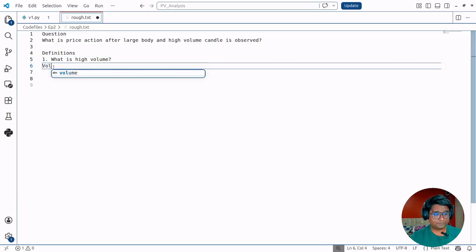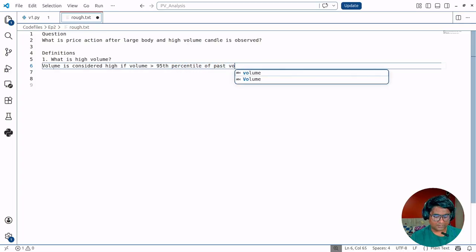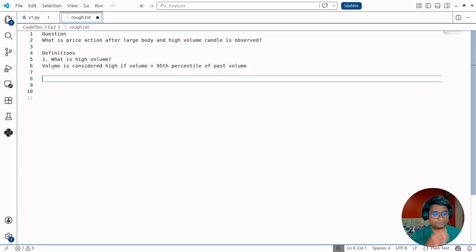Volume is considered high for this analysis if volume is greater than the 95th percentile of past volume.